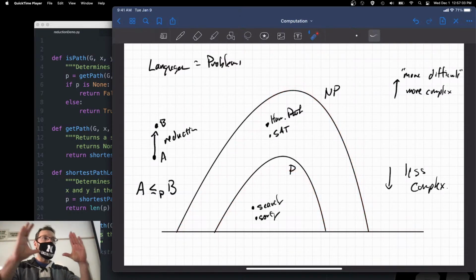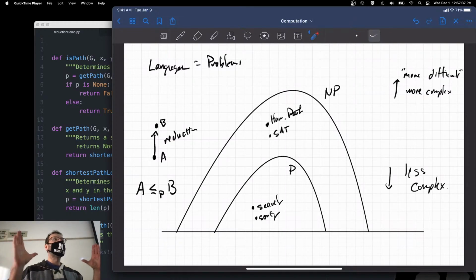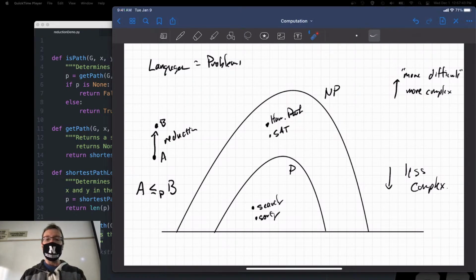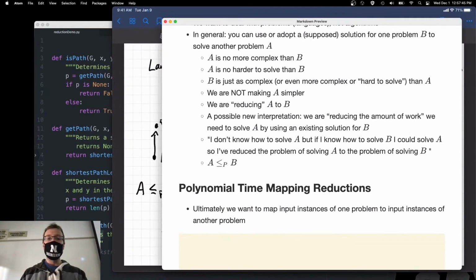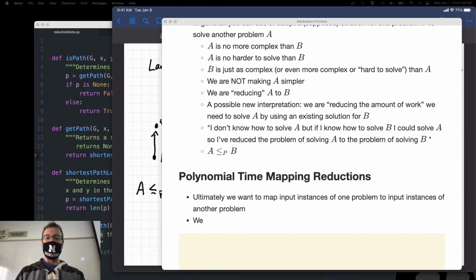So if I'm focusing my world down onto these two complexity classes, I also need to focus my resources down onto these two complexity classes. We can only use the power of polynomial time, deterministic, to perform our reductions.